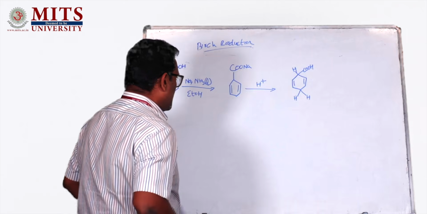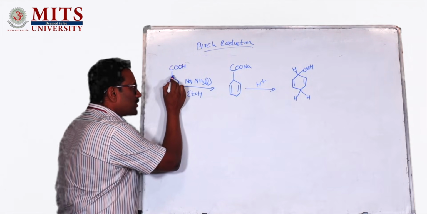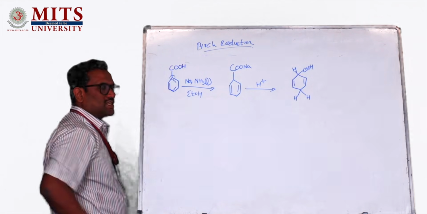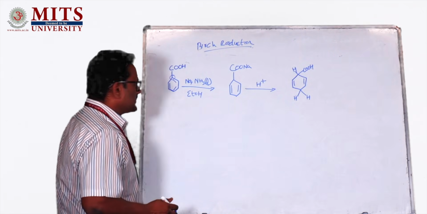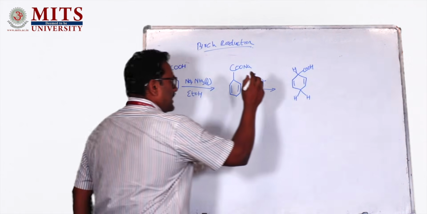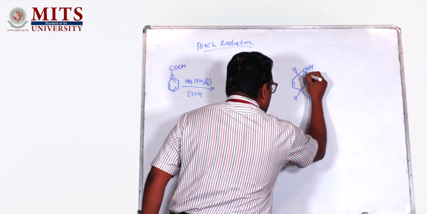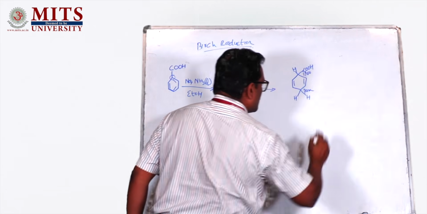We have to notice that whenever an electron withdrawing group is present on the benzene ring, the proton abstraction will take place at ipso. This one is the ipso position and this one is the para position.